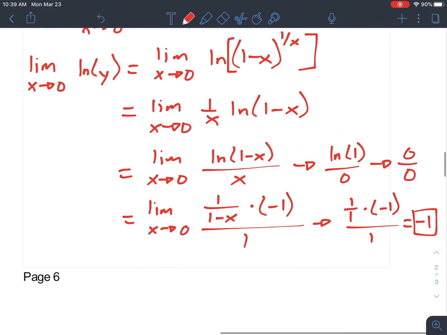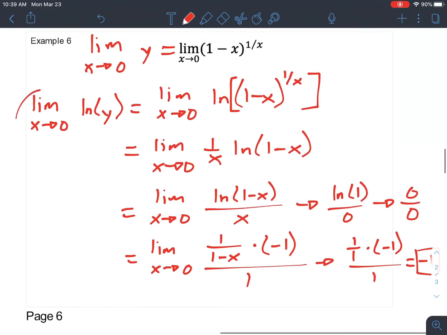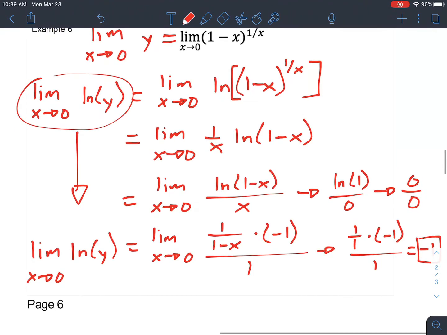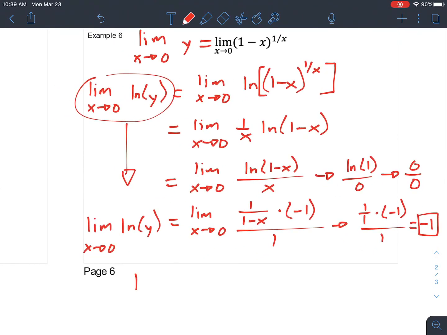And that is supposed to be equal to this limit here. That gives us then natural log of y is equal to negative 1. Our answer is going to be the same as what we had on the previous slide, e to the negative 1 power.